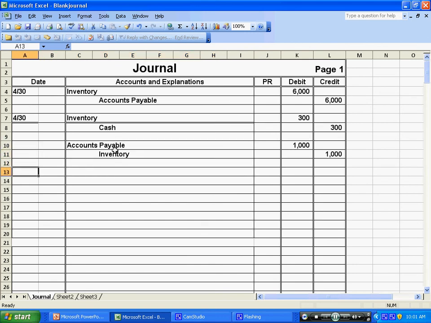Next, we record the payment. The payment is within the discount period, but we only calculate the discount based upon what we owe for the merchandise, not the shipping charges. So we had 6,000, we returned 1,000.